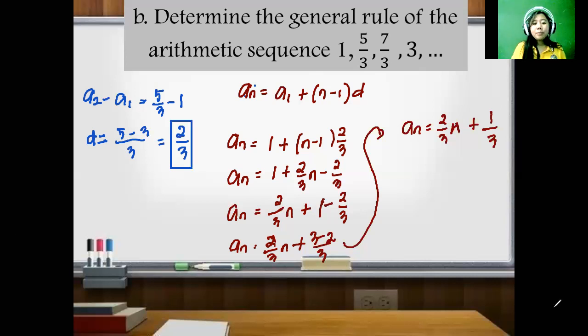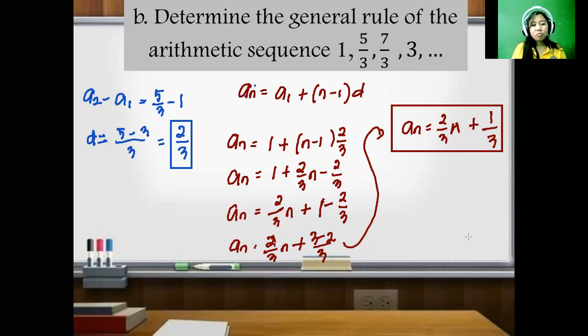So class, pwede na po natin tong maging final answer or maging final rule. Okay? So ma'am, bakit kailangan pa natin mag-equate? Kasi dahil pareho po ang denominator natin, pwede na po natin silang pag-isahin. Pero yung numerator po natin ay isusulat lang po natin as is sa numerator po natin.